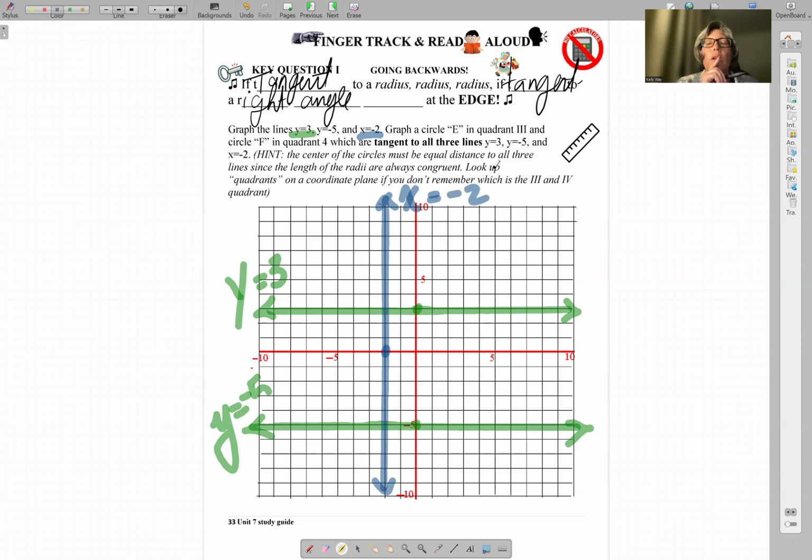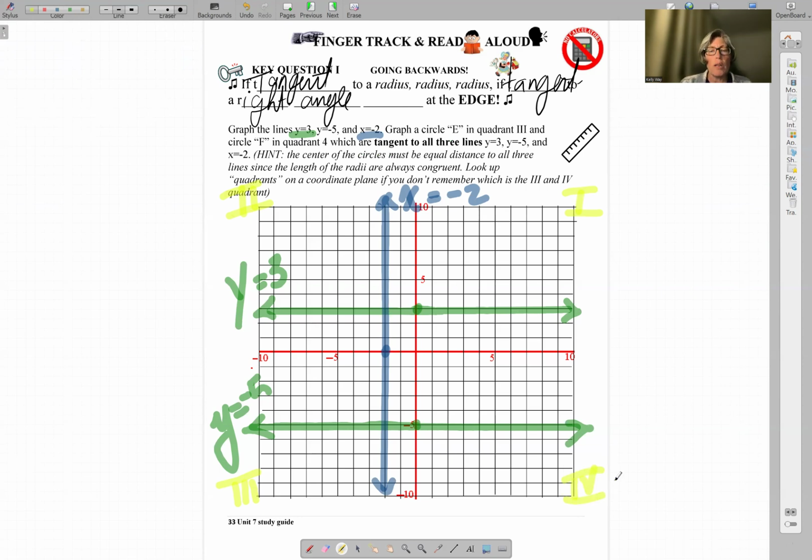We're going to graph a circle E in quadrant 3 and F in quadrant 4, which are tangent. We want a tangent to all 3 lines. Okay, so here's quadrant 1, quadrant 2, counterclockwise, quadrant 3, quadrant 4.